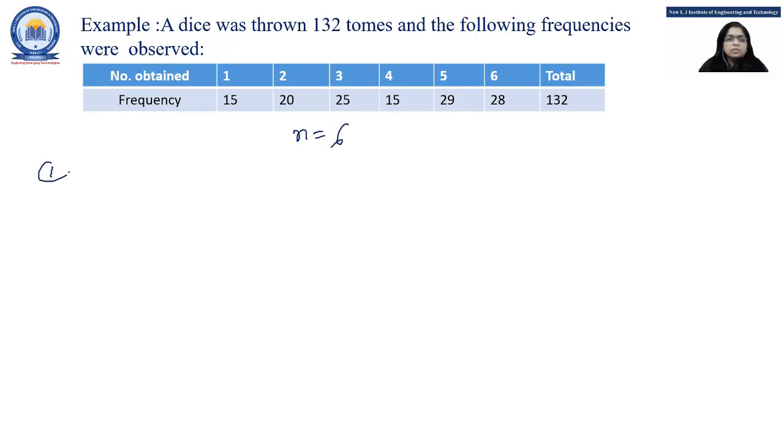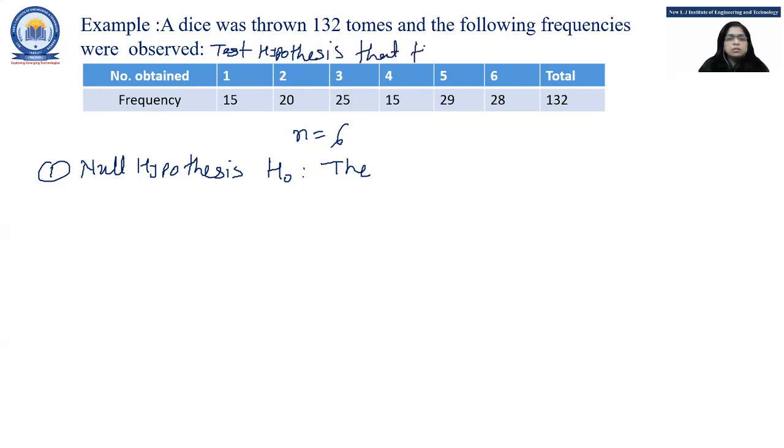Number 1, set up the null hypothesis. So null hypothesis H naught. For this example, we have to test the hypothesis that the dice is unbiased.